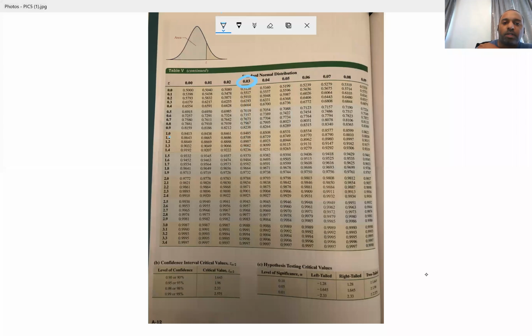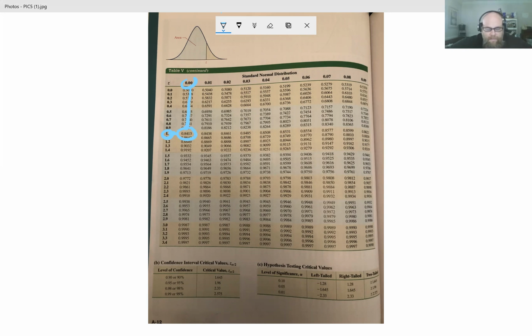Okay, positive. So 1.0 is here, 0 right here, and they meet at 0.8413. So that's the chart value that we're going to use. Make sure we're okay with that z-score value.